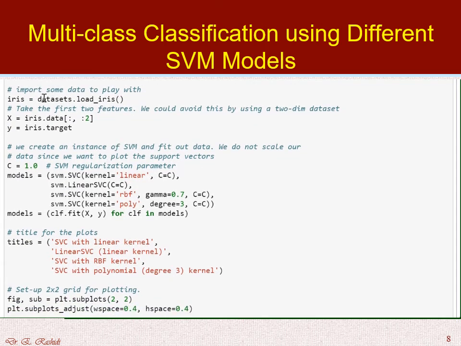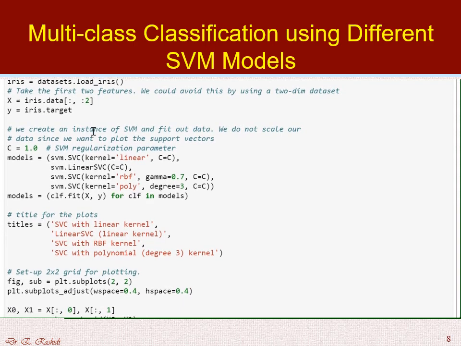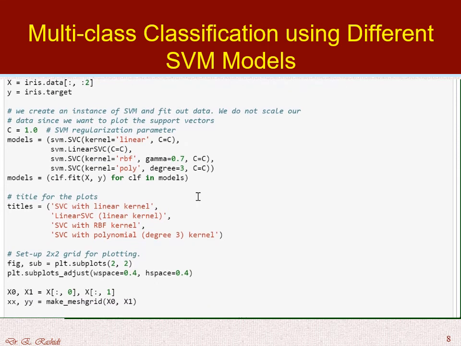So here we import the iris dataset from load iris, one of the datasets that is available in Scikit-Learn. And we only need two features here because we want to plot it, so we want to have two dimensions. So that's what we do here. We split our data into X and Y. Then here we make our models. So C is a regularization parameter, and we create the models.